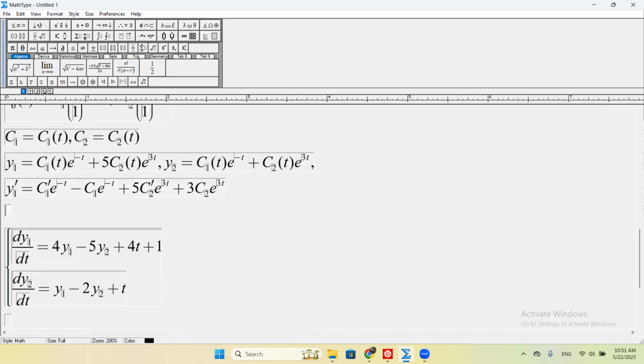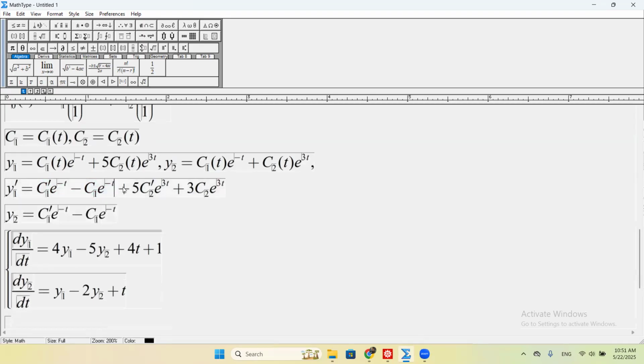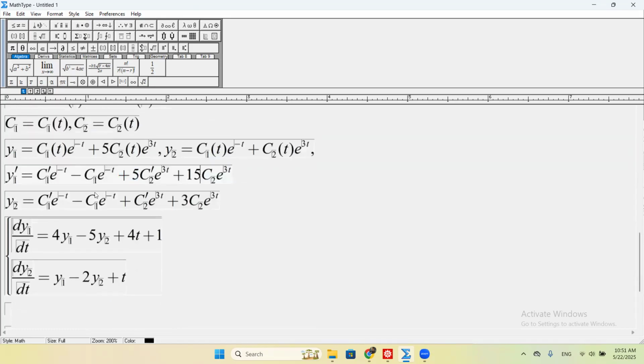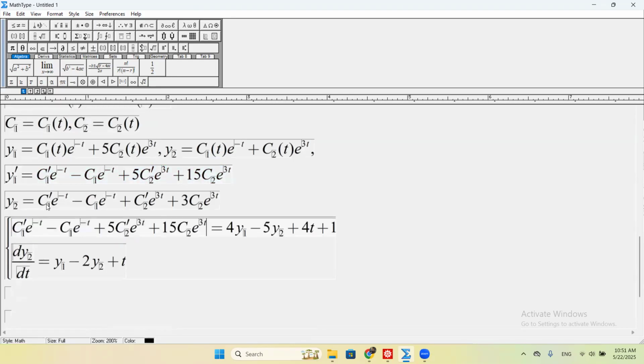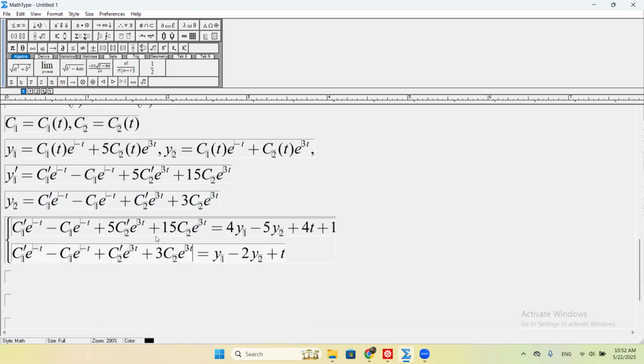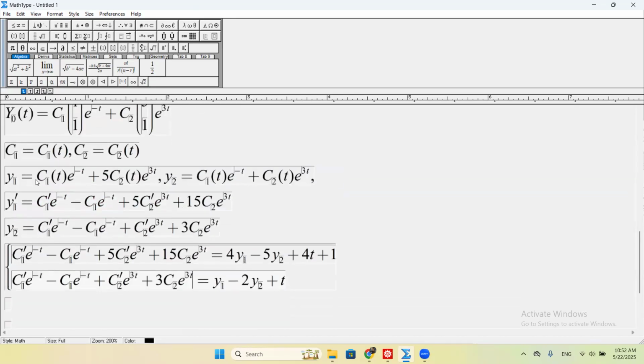And what about the derivative of the second function? This part is analogous. Stop. Here must be 15 because of multiplying by 5, and I lost it. It's not a good idea to lose them. Okay, now substituting this derivative and this derivative. Now substituting y1 and y2.